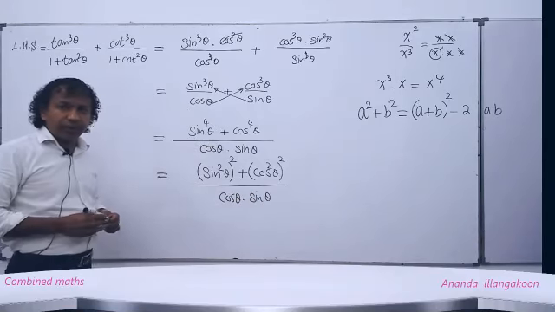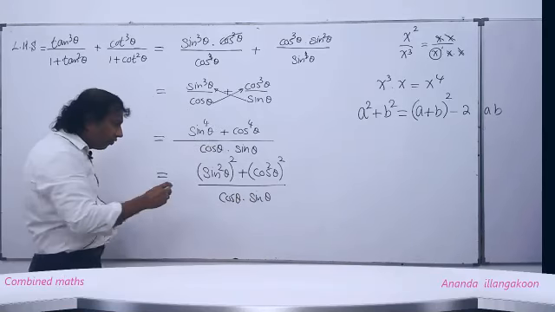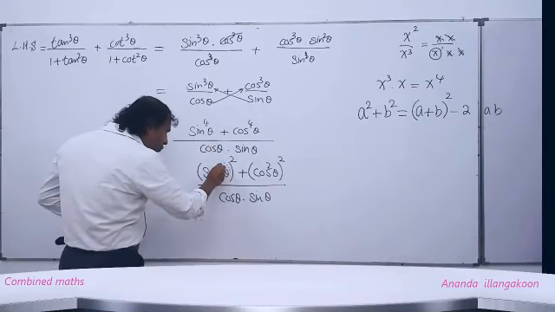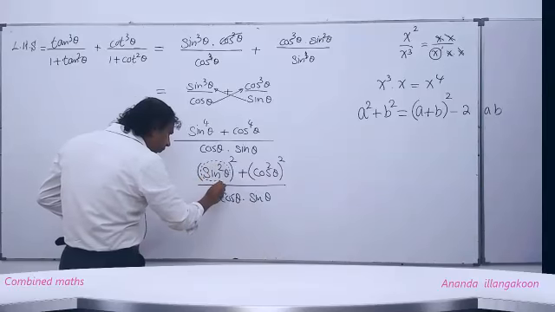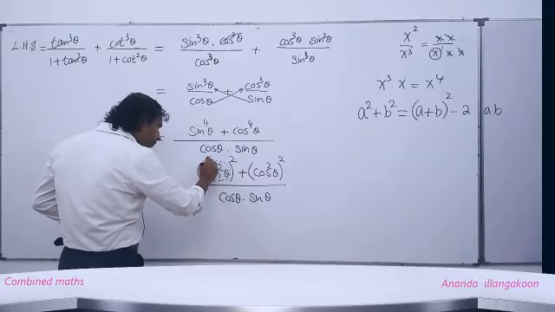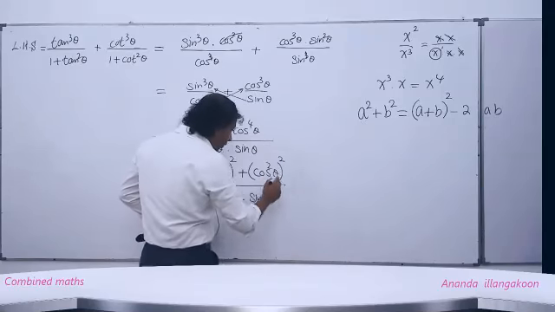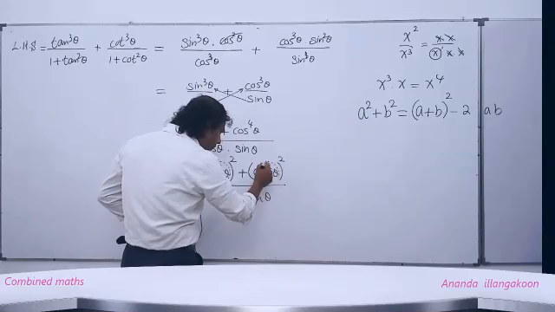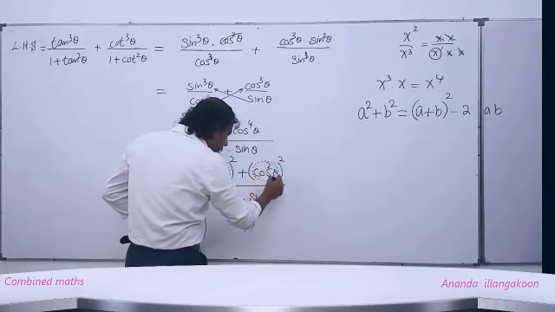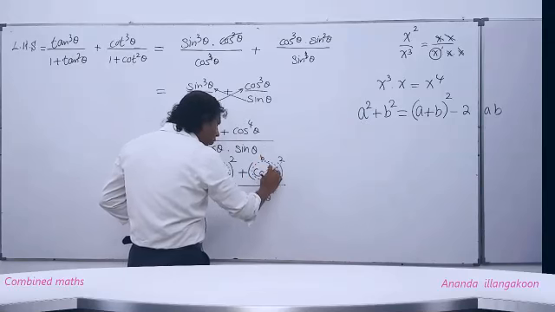This way you can write. Now, if we consider this sine squared theta as your a, then here we have a squared like this. If we take this cos squared theta as b, here we have b squared like this.